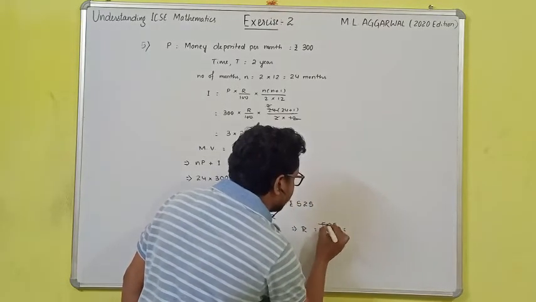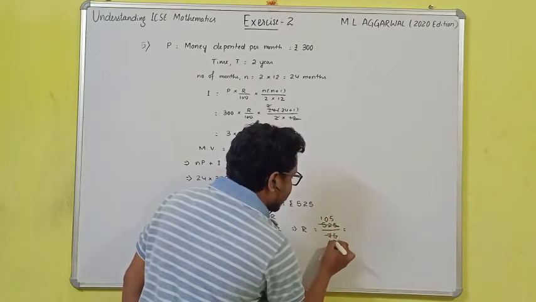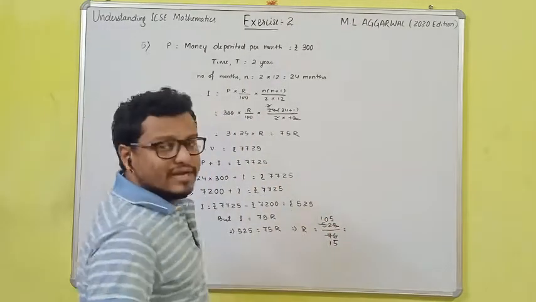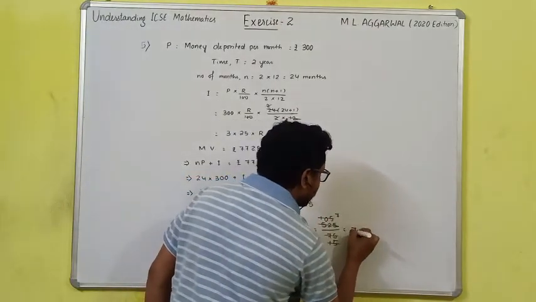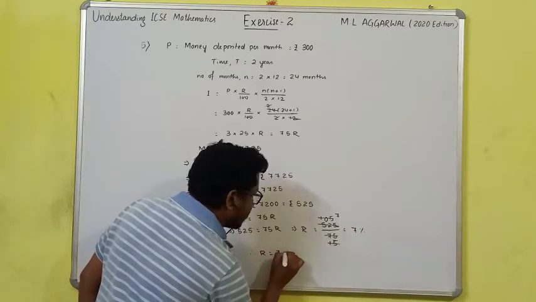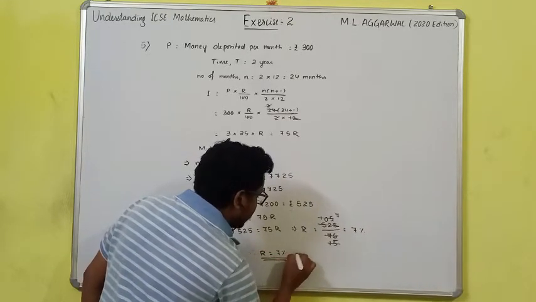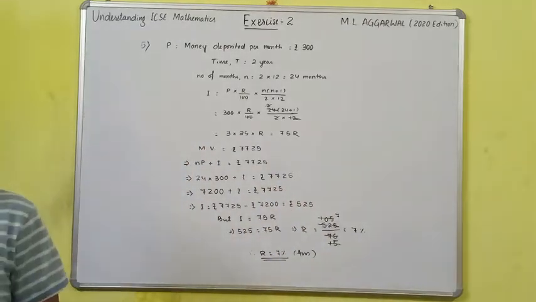If you cut it in 15, then 105. Then 15 sixes are 90, 15 sevens are 105. So it will be 7. Therefore R percentage is equal to 7%, answer. So in this way you have to solve this kind of problem.